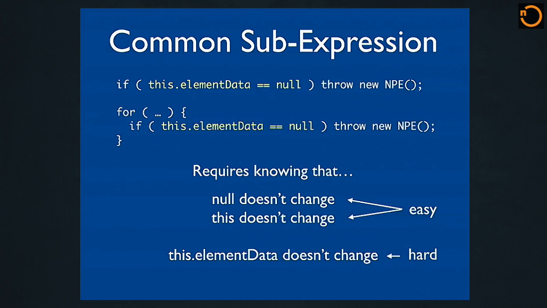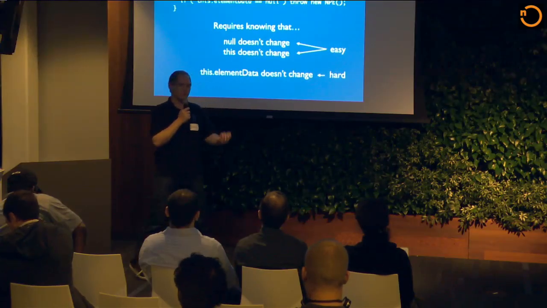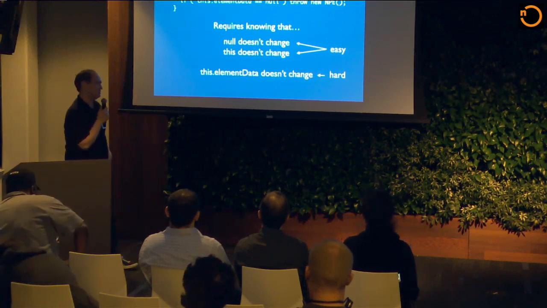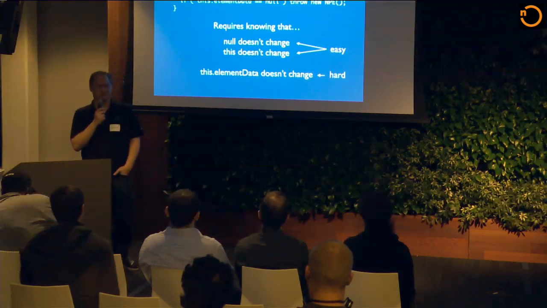But this requires knowing that all the parts of that don't change. That requires knowing that null doesn't change. Okay, that's easy. That requires knowing that this doesn't change. That's sort of easy, modulo the fact that the garbage collector may move this somewhere else, but that's beside the point. This element data doesn't change. That's a bit harder.